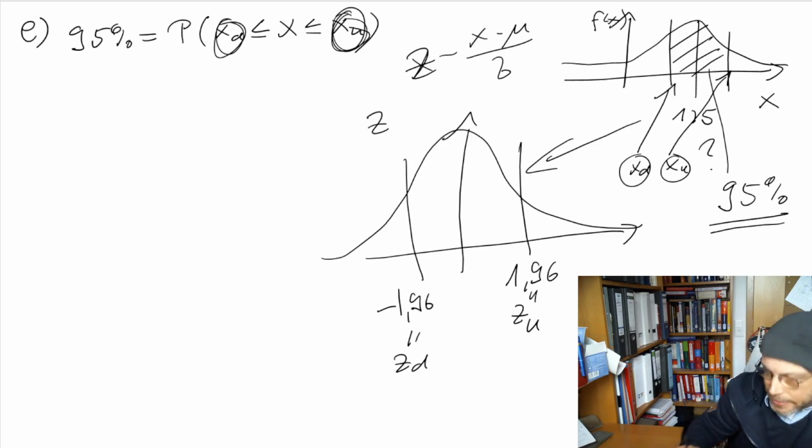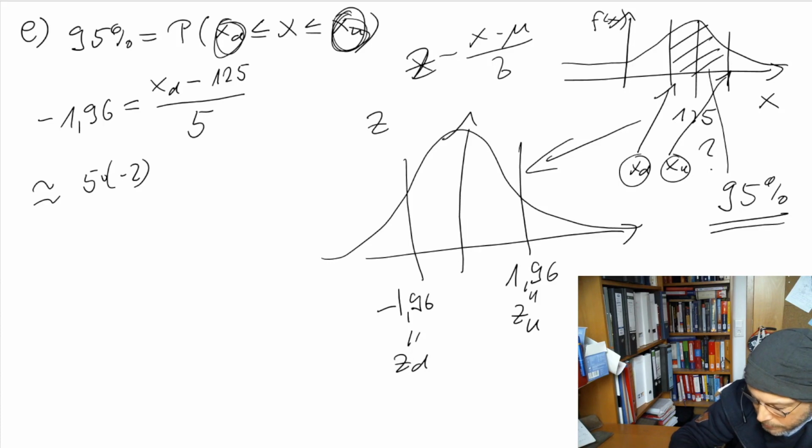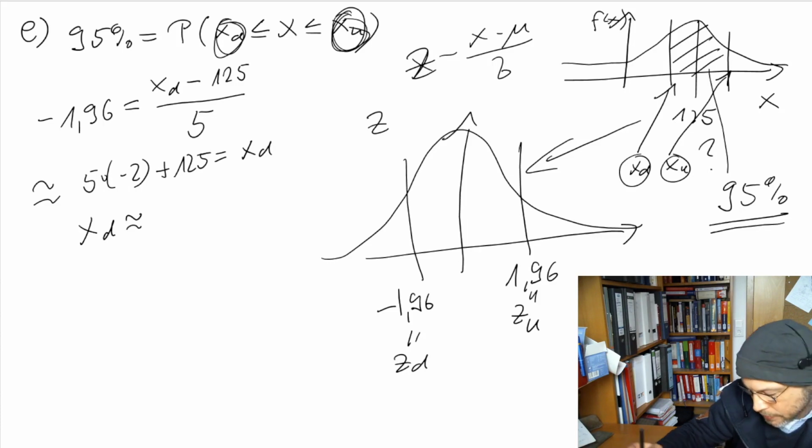So if we put this in, then we have minus 1.96 equals x down minus 125 over 5, and then we get roughly, let's say, 5 times minus 2 plus 125 equals x down. So x down is roughly 115.